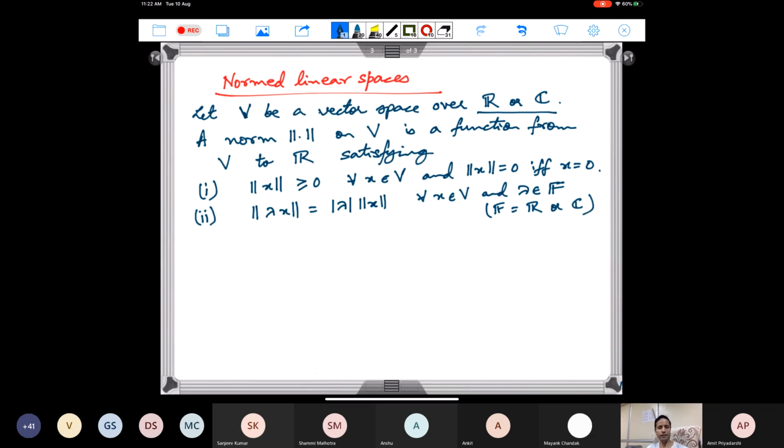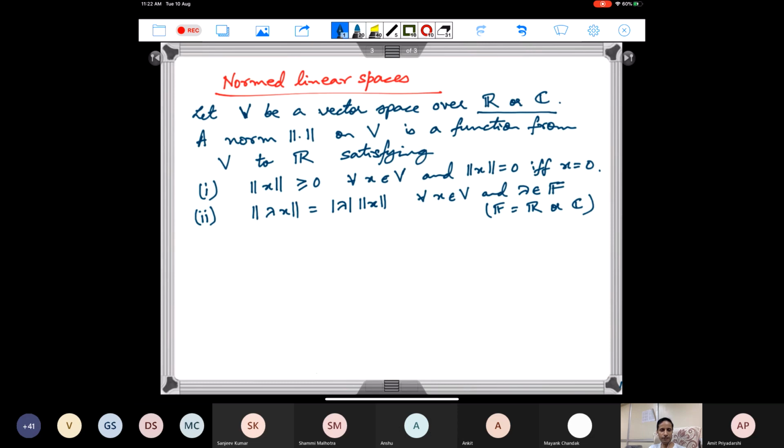This is the reason we have taken a vector space over the real or complex numbers: in the second property we write mod lambda, so there should be some notion of absolute value of the scalar.